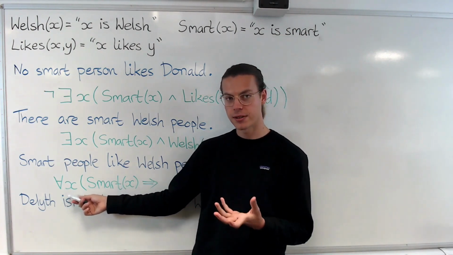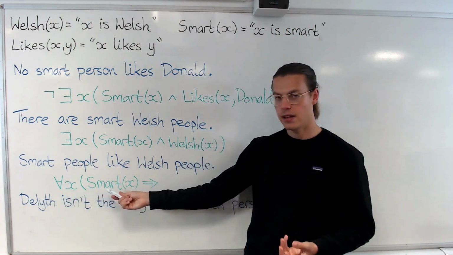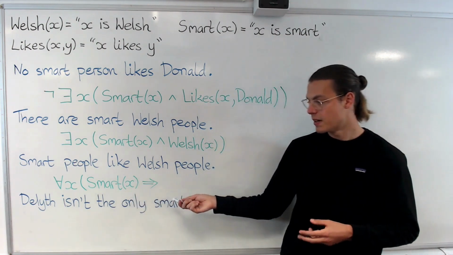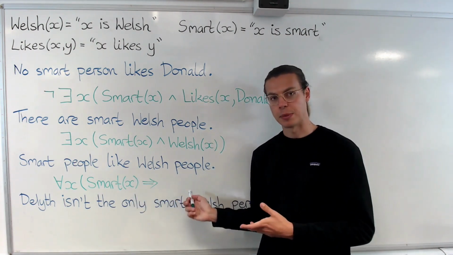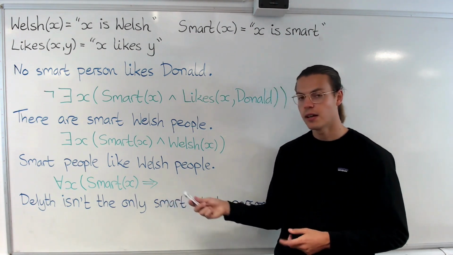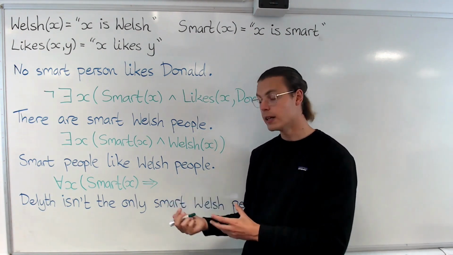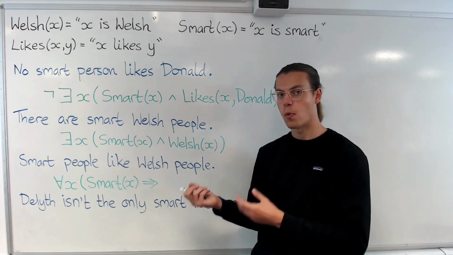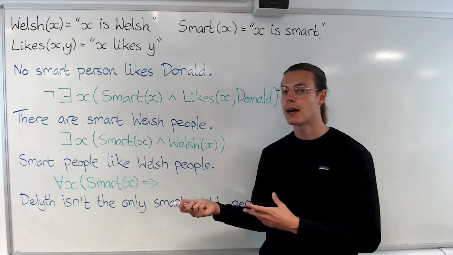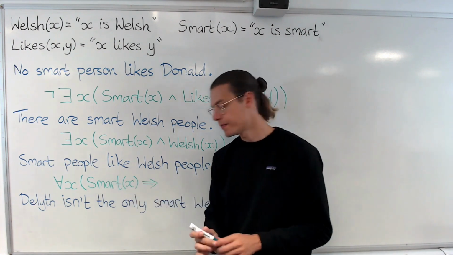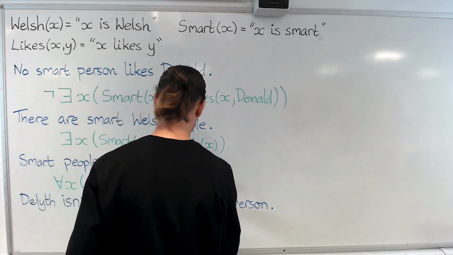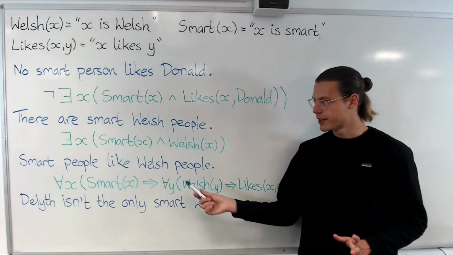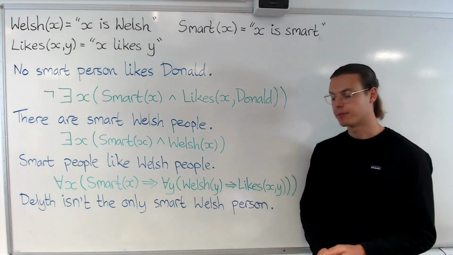For any person X, if X is smart, now we want to say X likes Welsh people. So we're going to say for any person Y, we use a different variable. If Y is Welsh, then X likes Y. And this says that smart people like Welsh people.